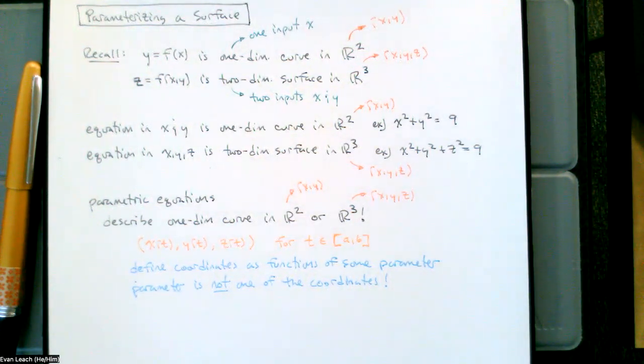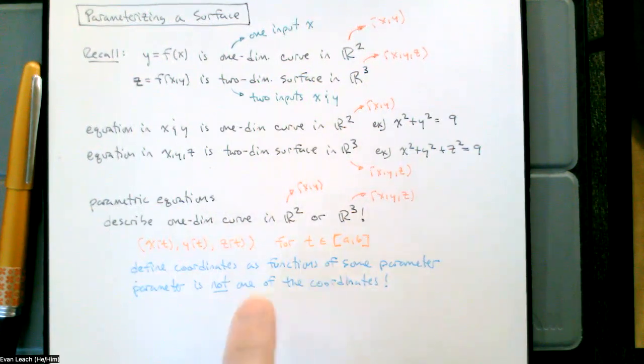R2, because we have x and y. R3, because x, y, and z. The parameter t is sitting outside of that. The x, the y, or the x, the y, and the z are all functions of the parameter that is not one of our coordinates. Here are our coordinates, x, y, and z. t is not one of those coordinates. It's the parameter in our function.